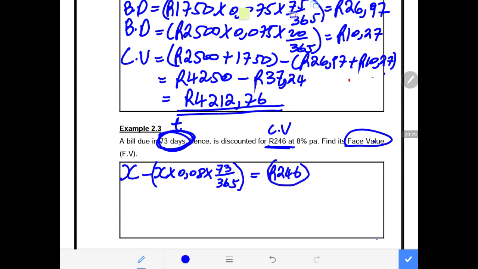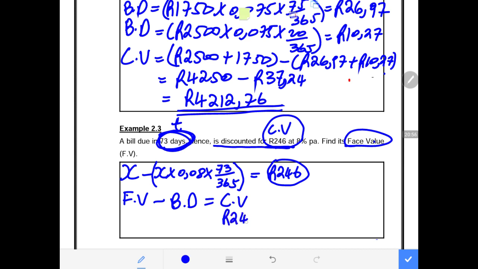I hope guys I'm making myself clear here. Remember, our focus is the cash value, the cash that we received, because the bill was discounted for 246. So this is the amount we received. In order for us to get to that 246, we say the face value minus the banker's discount is equal to the cash value of the bill. Very simple. So now we're substituting.